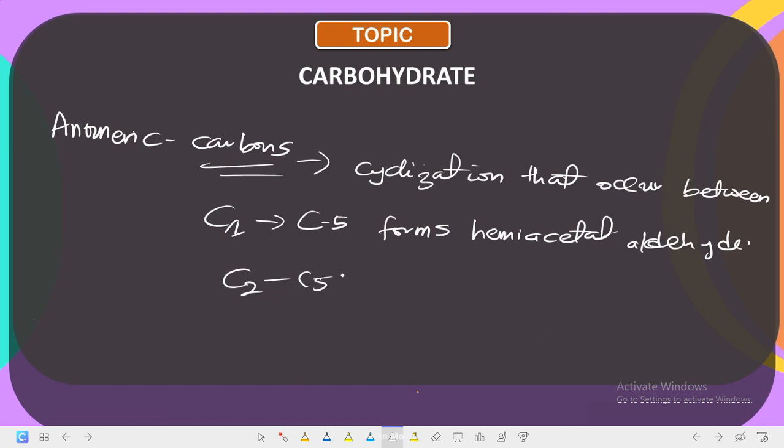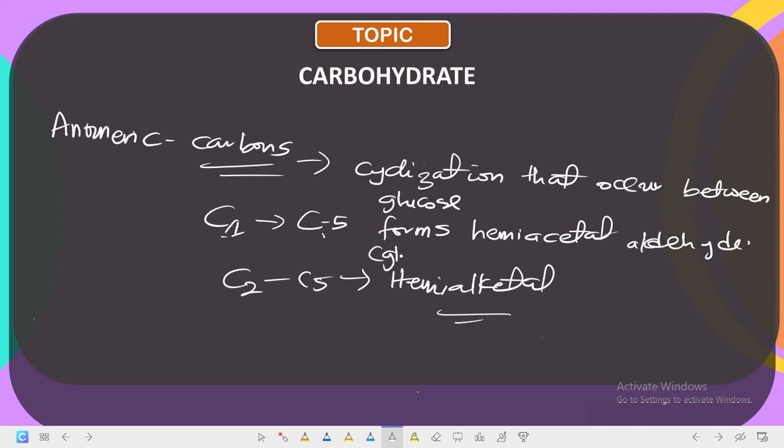This one forms hemiketals, the same idea as hemiacetal. There's a difference. This one is hemiketal. This is C1 to C5 for aldose, which is glucose. Are you getting it? Cyclization between C1 and what? C5. While this other one is between C2 and C5 for what?